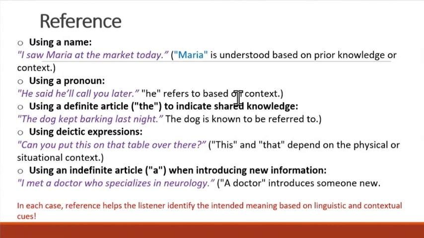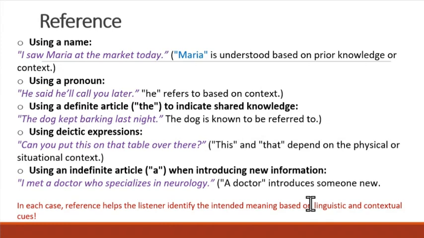When your teacher asks where is Sok, you may try to understand the purpose of your teacher. Who is the teacher's favorite Sok? Maybe he said he will call you later. So he referred to someone based on context.